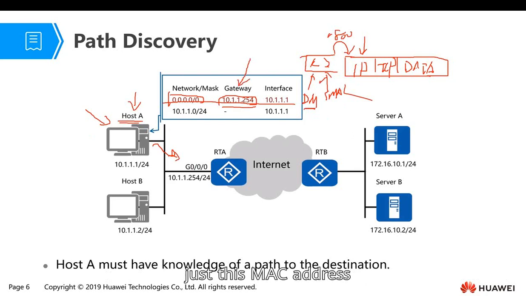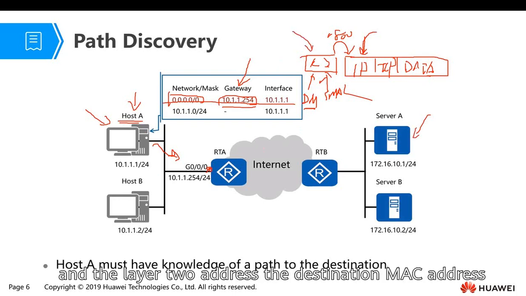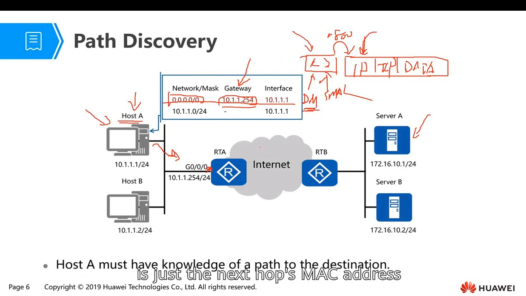So we can see there are 2 layers of addresses in a frame. The layer 3 address is the destination of this packet, server A's address, and the layer 2 address, the destination MAC address, is the next hop's MAC address.